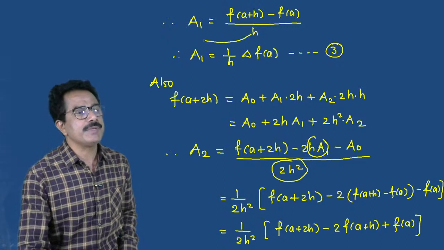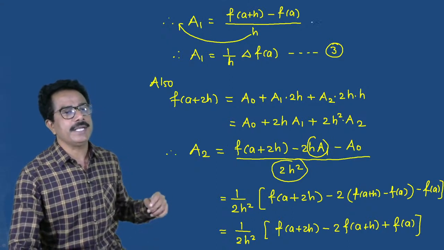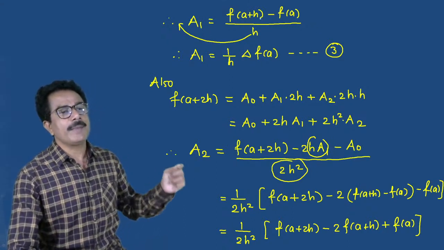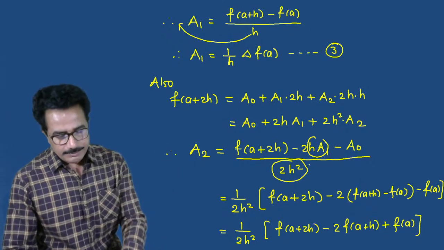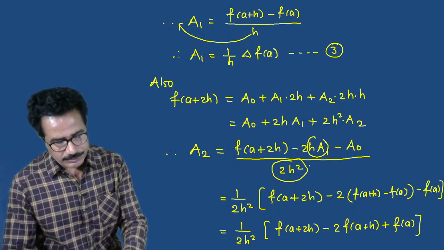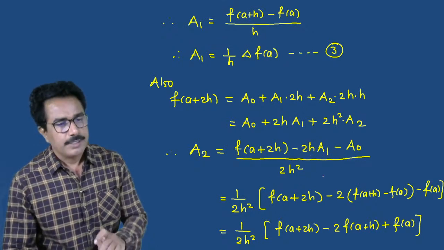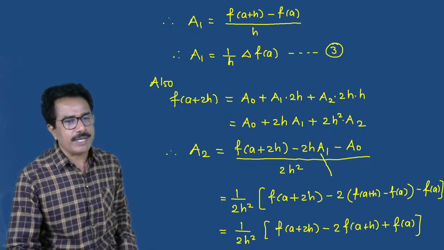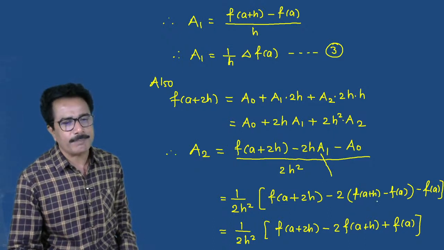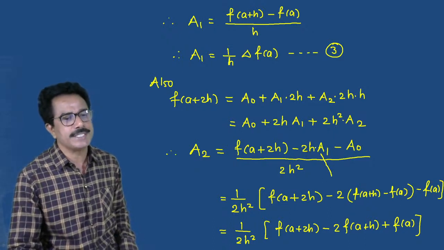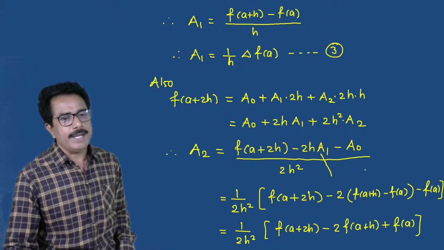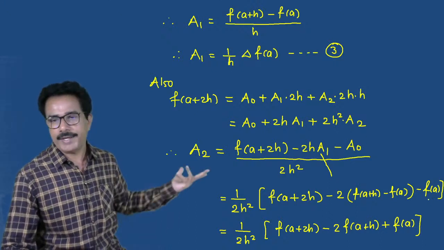A1 into h means what? From equation 3, f of A plus h minus f of A. म्हणून आपण असं लिहू शकतो, A1 ची व्हॅल्यू ठेवा, A1 ची व्हॅल्यू ठेवली तर काय येतं? f of A plus h minus f of A. 2 as it is, h कॅन्सल होतं आणि मायनस A0 म्हणजे f of A.